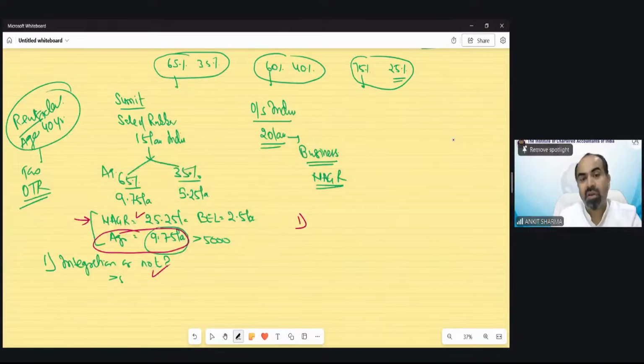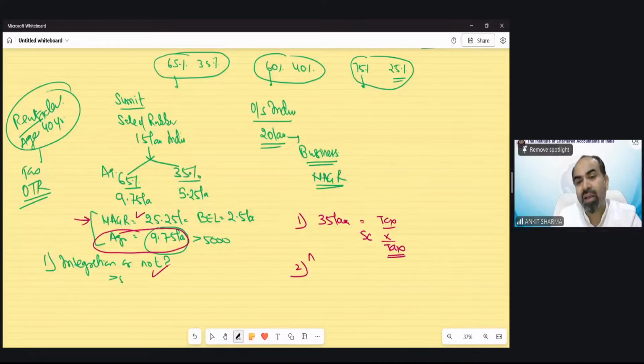That means, as per integration, if the question asks you to calculate tax, then in the first point we have to calculate tax on 35 lakh rupees as per the optional tax regime, normal concept. Surcharge would not be applicable because it's less than 50 lakh rupees. So this is my step number 1 calculation: tax on 35 lakh rupees.